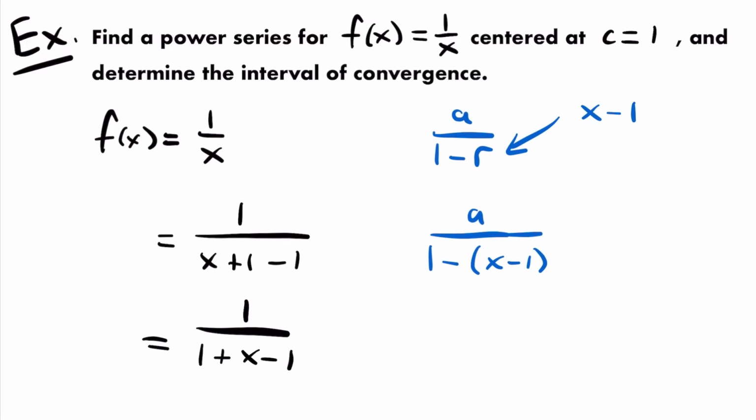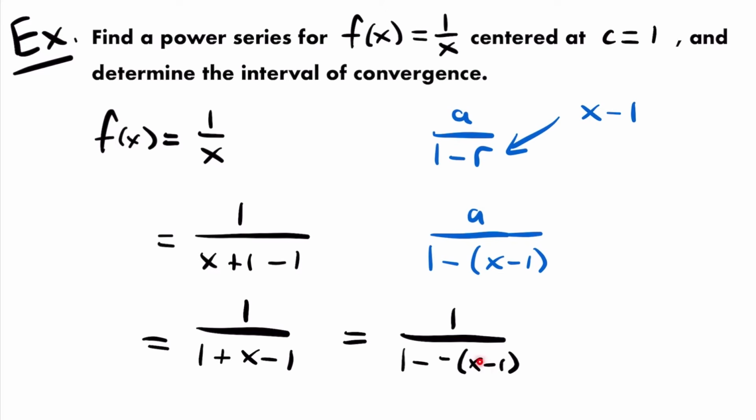Well, remember that two negatives make a positive. So what we can do here is rewrite the function in this way. We will have 1 minus these two terms, but make them both negative. Or another way to write that is to put x minus 1 in parentheses and then put a negative in front of it.